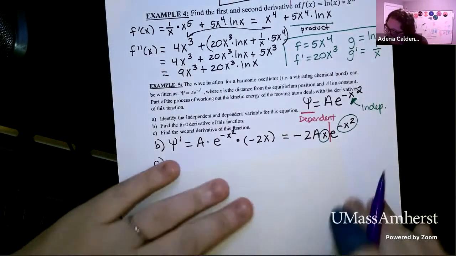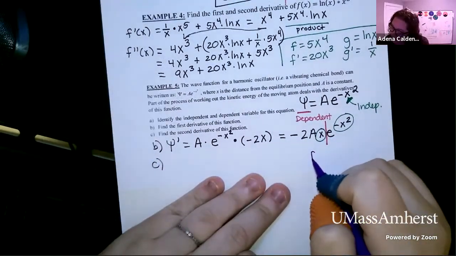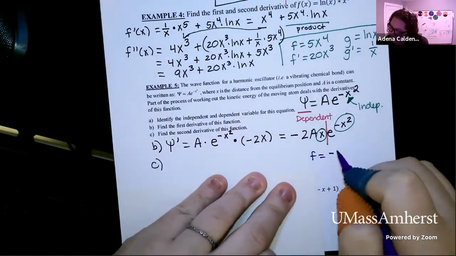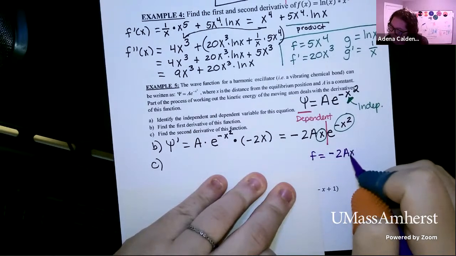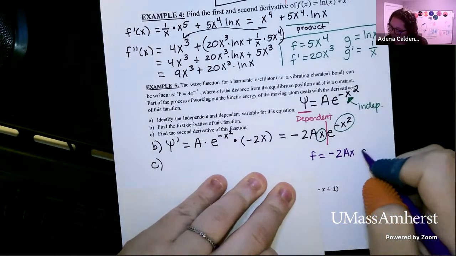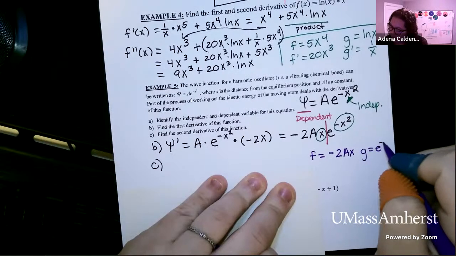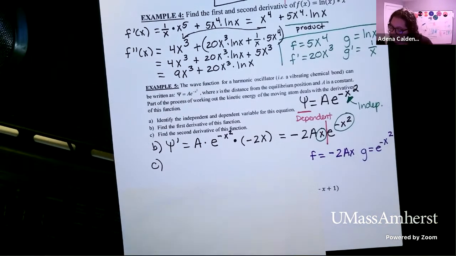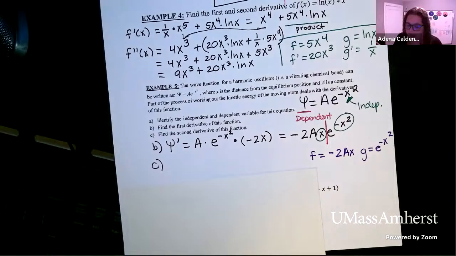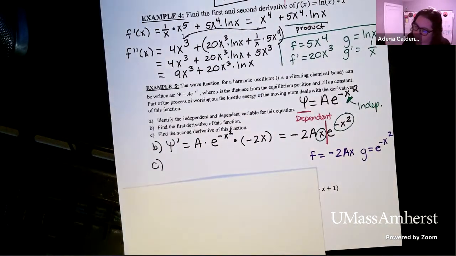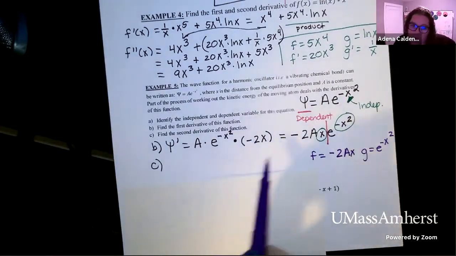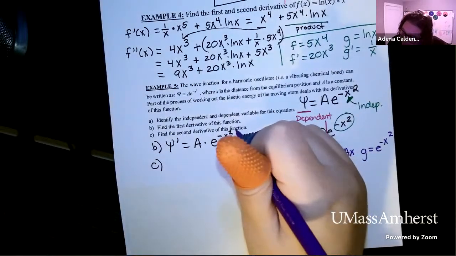So again, I'm going to do that on the side. My f is going to be negative 2ax, and my g is going to be e to the negative x squared. You don't have to pick your things this way. If you were working off this function, you can divide like this.